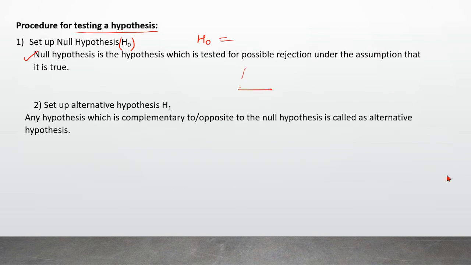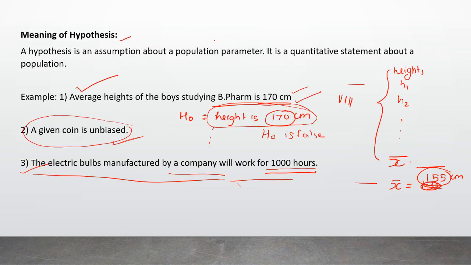Similarly, if I have assumed 170 centimeter is true, that is my null hypothesis, and by practically measuring I get x bar equals, suppose, 169 centimeter.